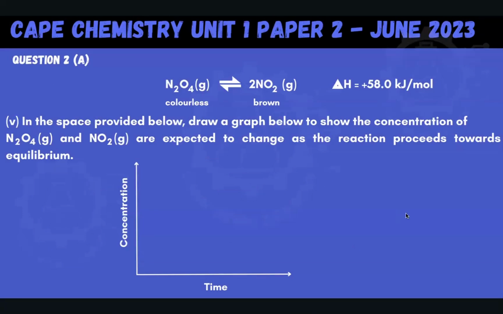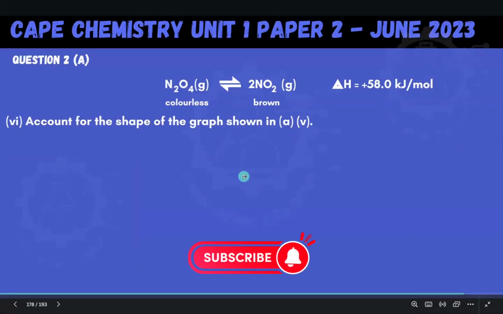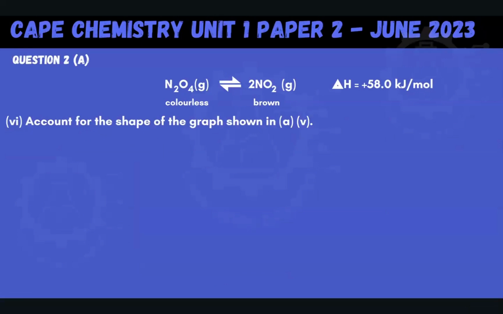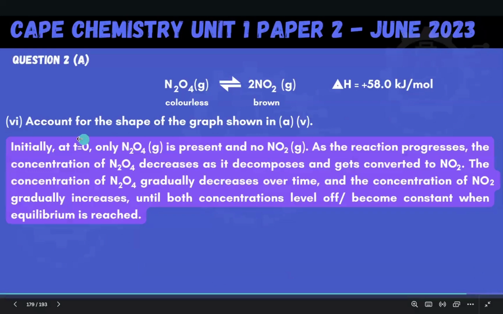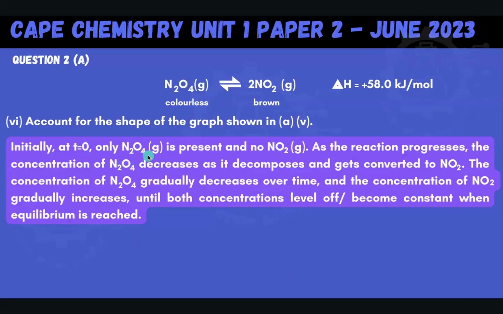and in this particular question, we were asked to account for the shape. Now, while we were drawing the curve, we were accounting for that. So let's just say it here. Initially, at t equal to 0, only N2O4 gas is present, and no NO2 gas. As the reaction progresses, the concentration of N2O4 decreases as it decomposes and gets converted to NO2.